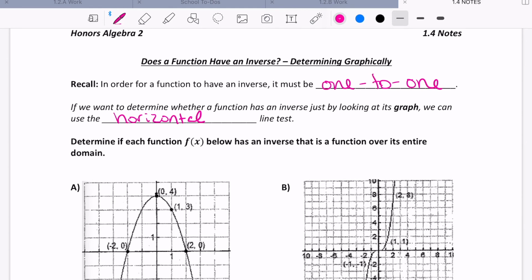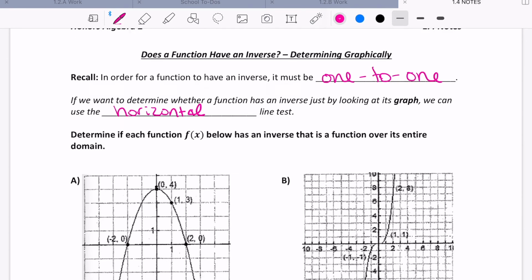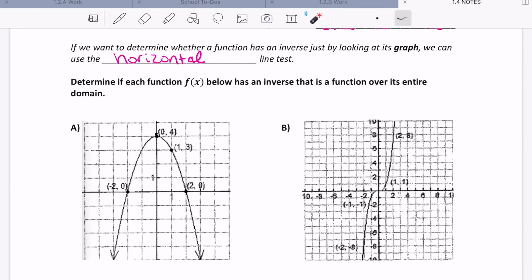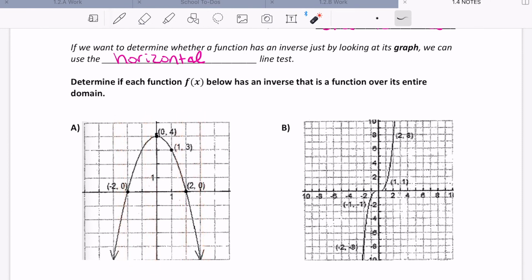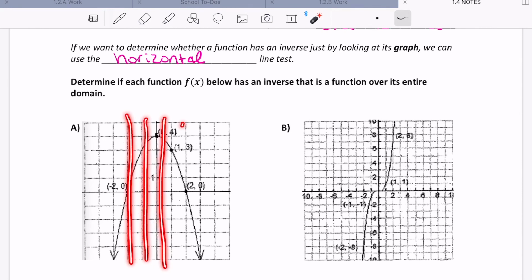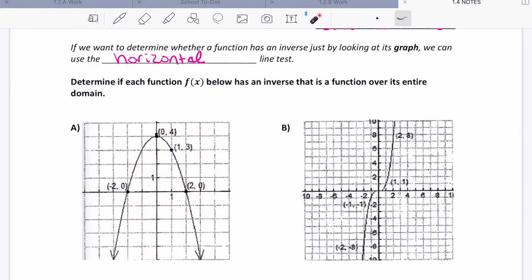Now, if you recall from previous years, when we've looked at functions, we have used the vertical line test, which is where we would take a pencil and run it through the graph vertically, and as long as our function only touches each of these segments at one point, it passes the vertical line test, meaning it is a function.